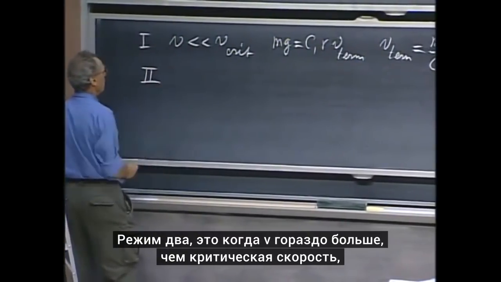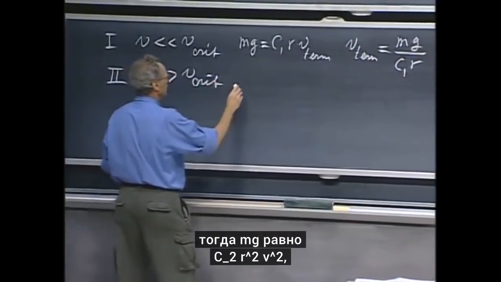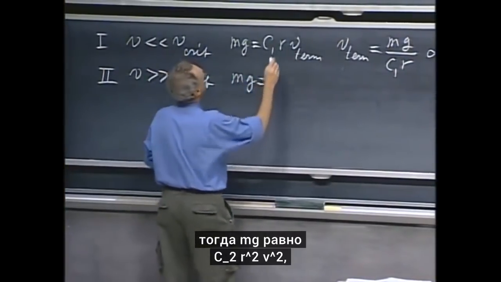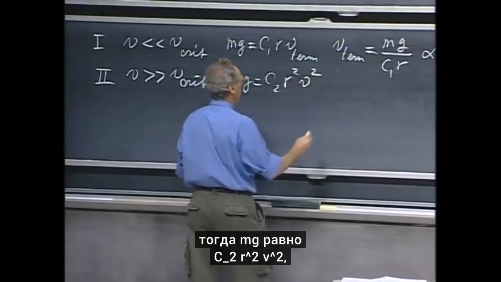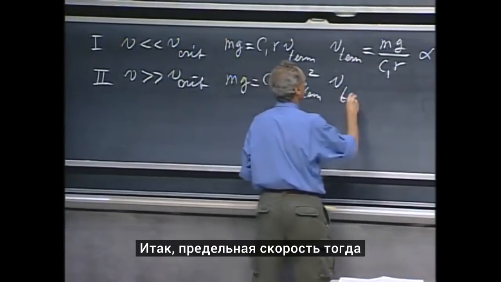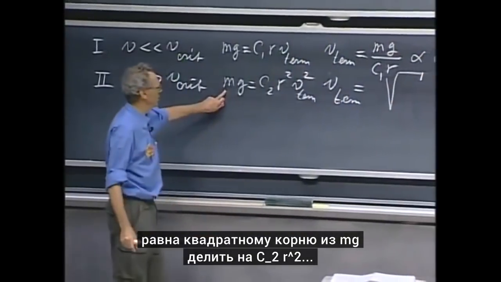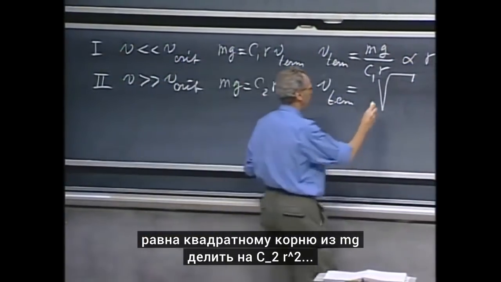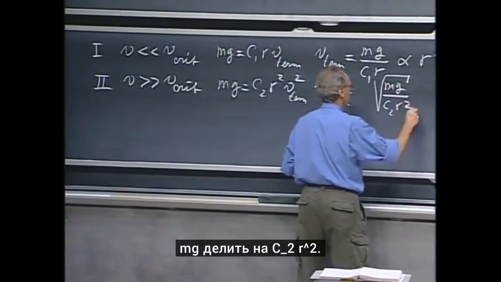Regime 2 is the case when v is much larger than v critical. So then mg equals c2 r squared v squared, if this is the terminal velocity. So the terminal velocity is then the square root of mg divided by c2 r squared.